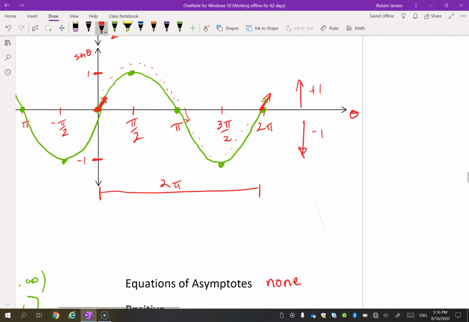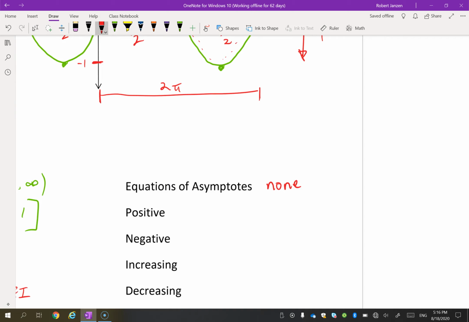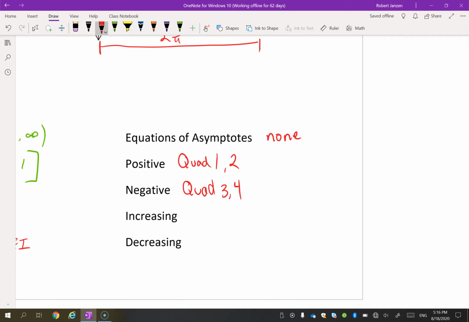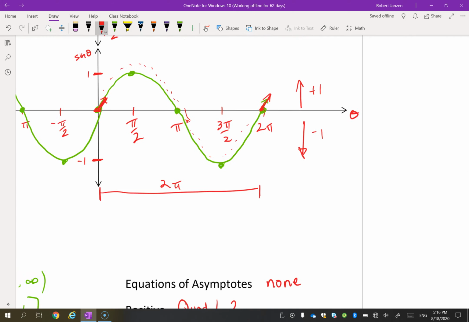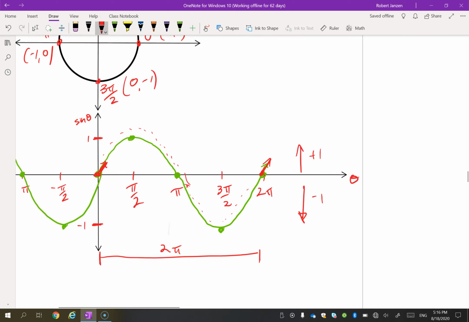Where is this graph positive? Where is sine positive? Sine is positive in quadrants 1 and 2. It's negative in quadrants 3 and 4. I've never seen this asked, but where is the graph increasing or decreasing? If you look at the graph, remembering that we always read left to right, you can see it goes up right here, then it goes down here, and then it goes back up here.